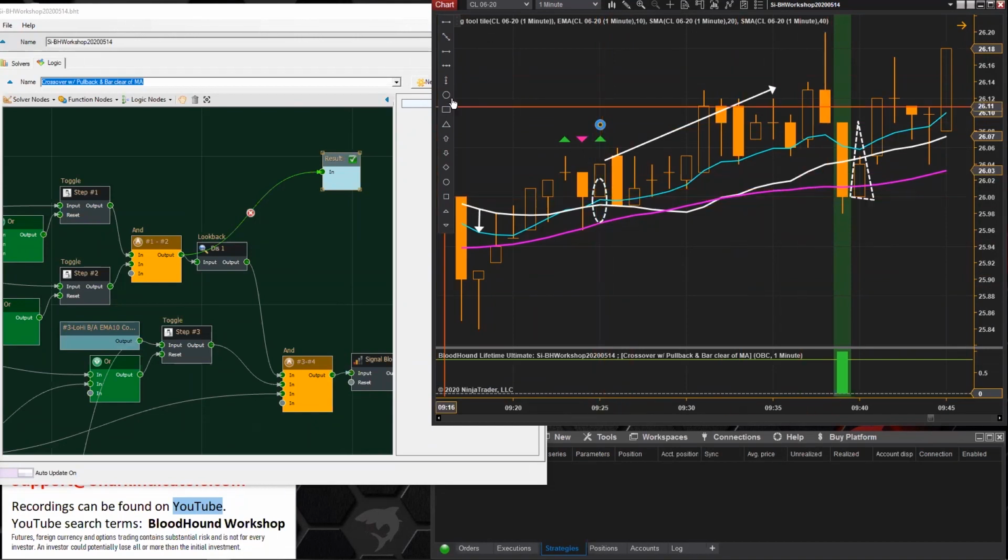There we go. Here's step 2. And where's the circle? There. There you go, there's step 2. All right, so we have 1 and 2. Great.